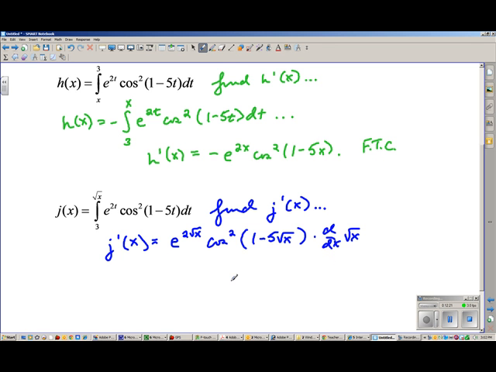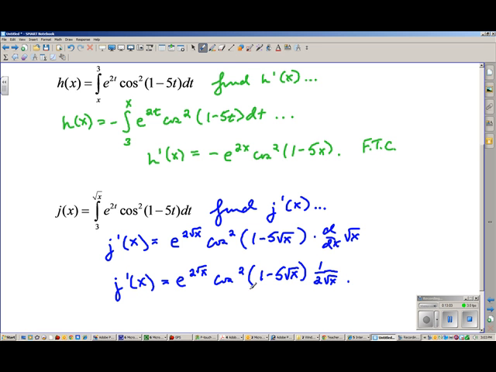So our final answer here will be e to the 2 radical x cosine squared 1 minus 5 radical x, and now that derivative, that's x to the 1/2. So isn't it going to be 1 over 2, and you might want to say x to the minus 1/2, or let's put it in the denominator, x to the 1/2, or perhaps radical x down there. So that is j prime x.